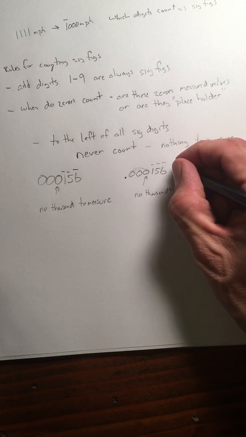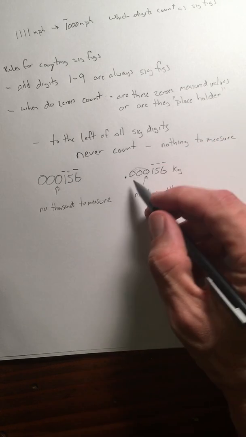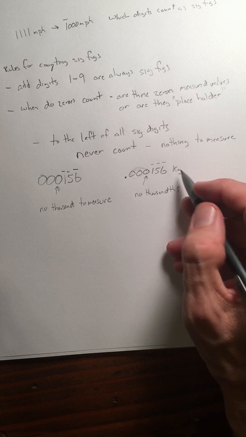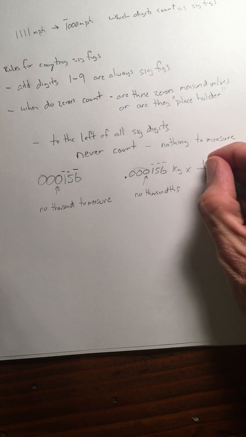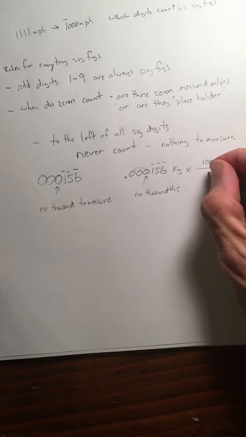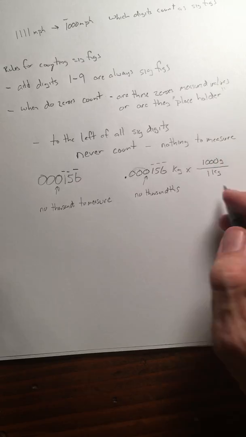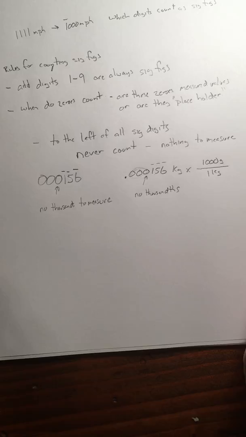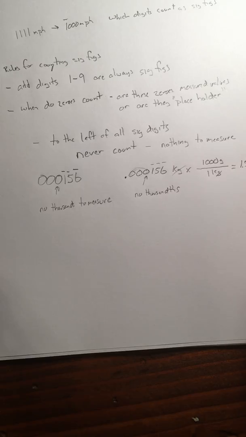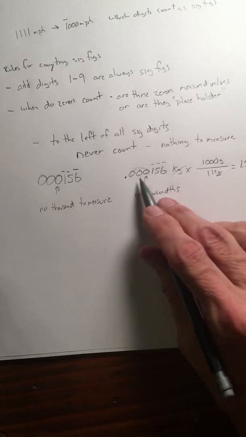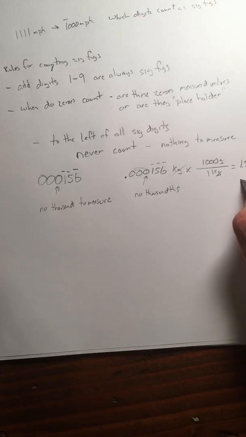One way you could think about this, imagine this number was 0.000156 kilograms. Well, if we change this into grams, there are 1,000 grams in 1 kilogram. So we use our unit analysis method here to see how many grams this is. Well, it would be 1.56 grams. Do we need those zeros anymore? Would you write 0, 0, 0, 1.56?